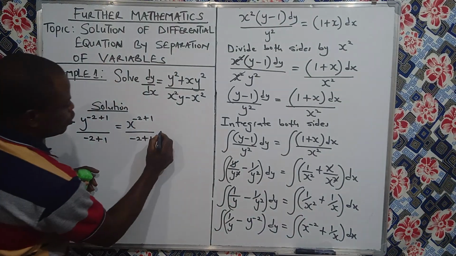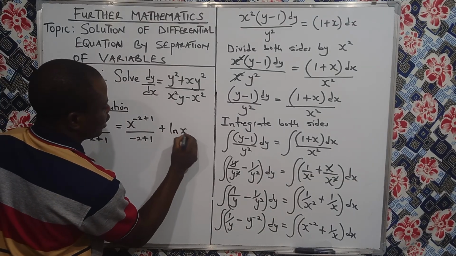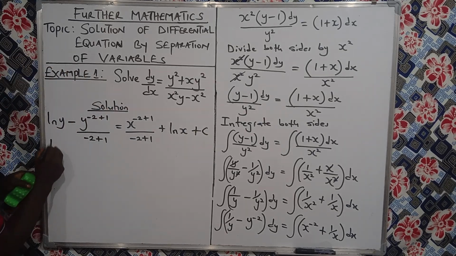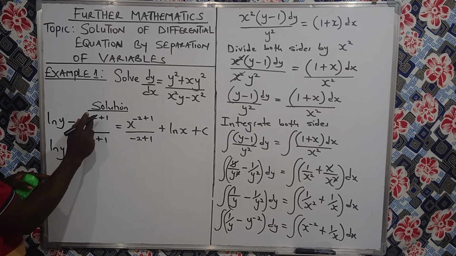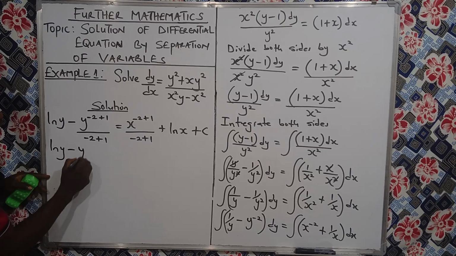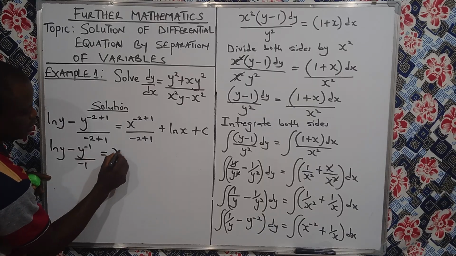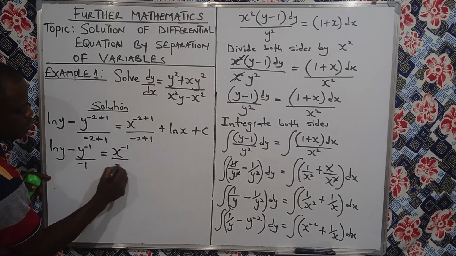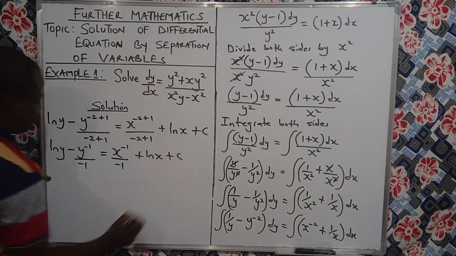Now I have plus ln x. Now introduce your constant, plus c. Now I have ln y, minus 2 plus 1, that's minus 1, that's y raised to power minus 1 over minus 2 plus 1, that's minus 1, equals x raised to power minus 2 plus 1, that's minus 1, over minus 2 plus 1, that's minus 1, plus ln x plus c.